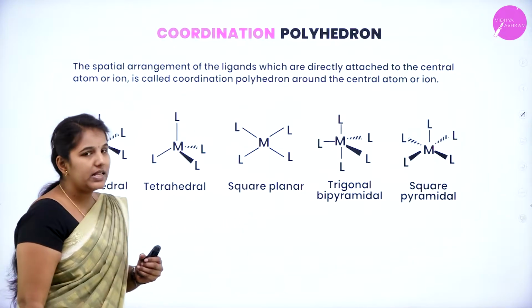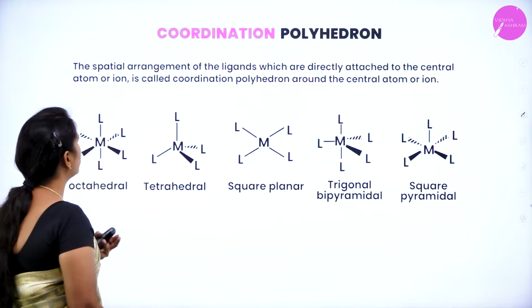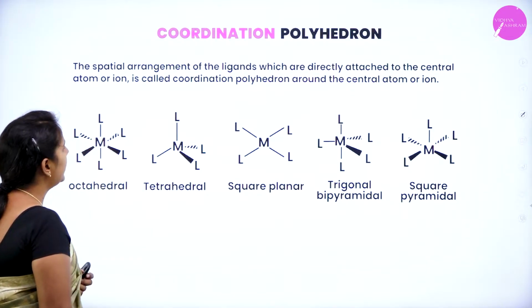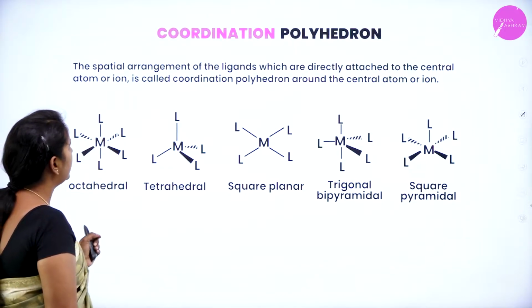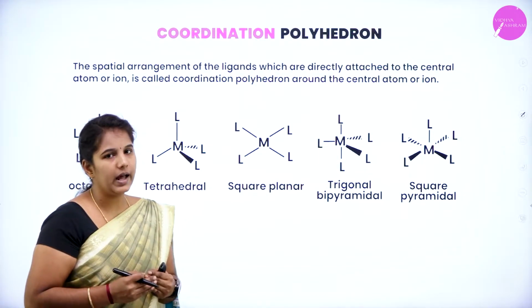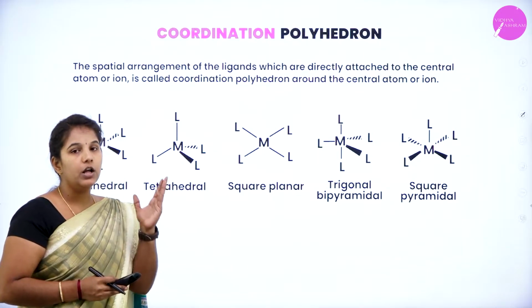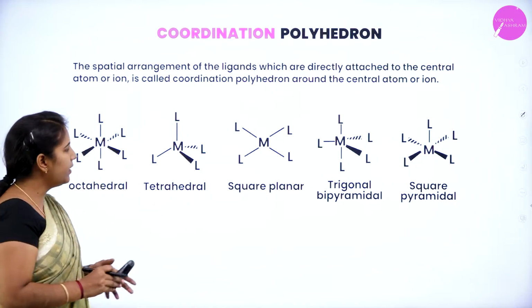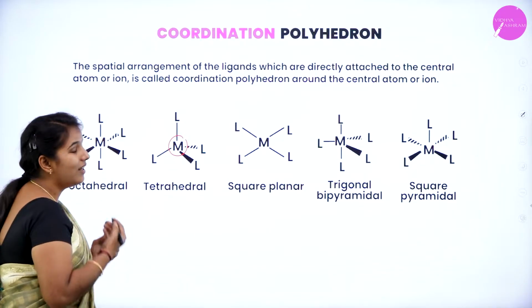Next we will see what a coordination polyhedron is. The spatial arrangement of the ligands which are directly attached to the central metal atom or ion is known as the coordination polyhedron. Here I have represented different coordination complexes, where you can see the central metal atom directly bonded to ligands.